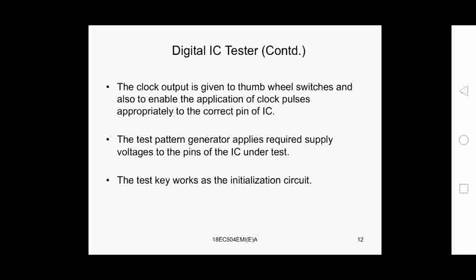So on the diagram, the clock output is given to the thumb wheel switches so that it will enable the application of the clock pulses appropriately to the correct pin of the IC. That is, wherever the clock is required on the IC, by using the clock output to the thumb wheel switches, we are giving the clock pulses to the appropriate pins of the IC under test.